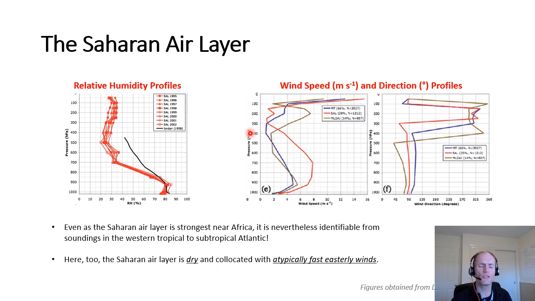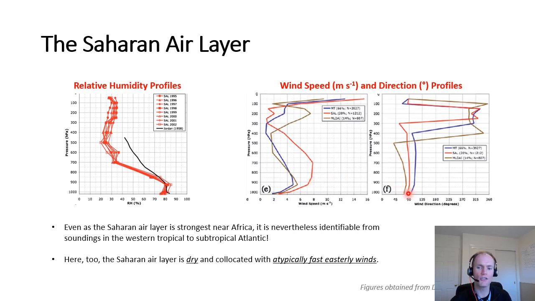We've noted that this feature is also concurrent with the African easterly jet, and so we introduced this wind speed and direction profile information before. The wind speed for the Saharan air layer sounding, which is this red line that we have here, is maximized between 900 and 600 hectopascals at 6 to 8 meters per second. Noting again that these soundings aren't off the coast of Africa, but they're way out near Puerto Rico, the Bahamas, Jamaica, and Florida, so well away from the African easterly jet itself specifically.